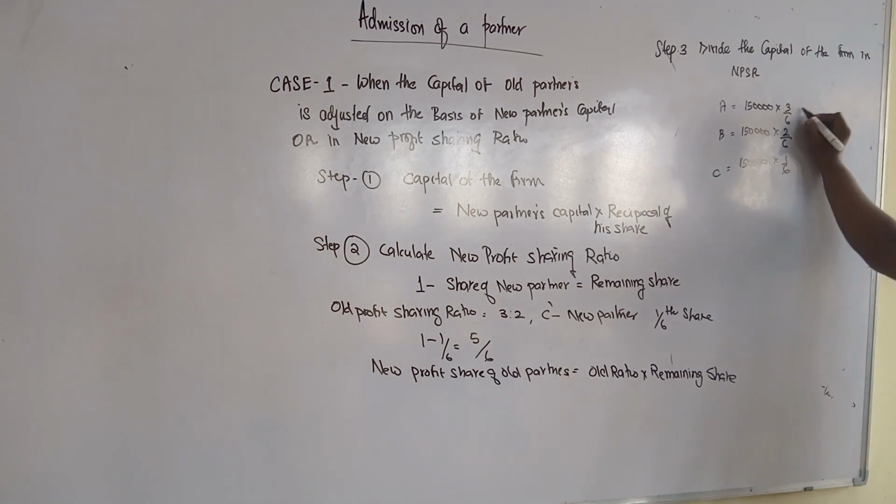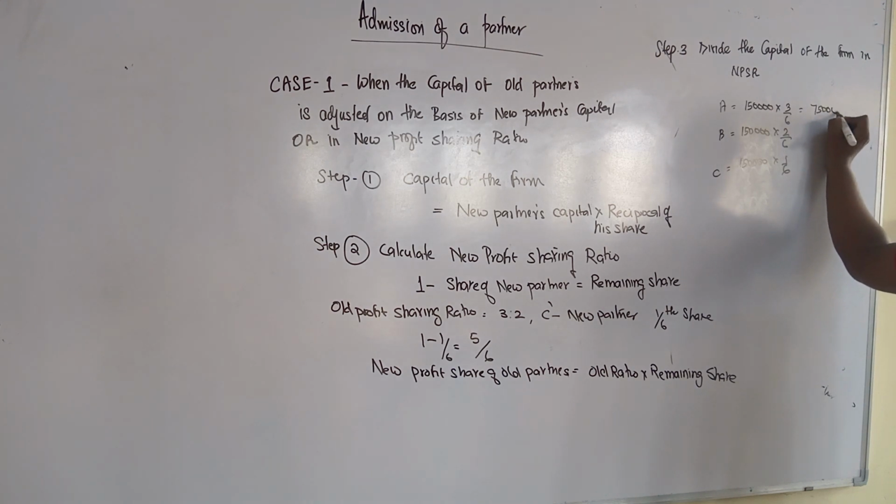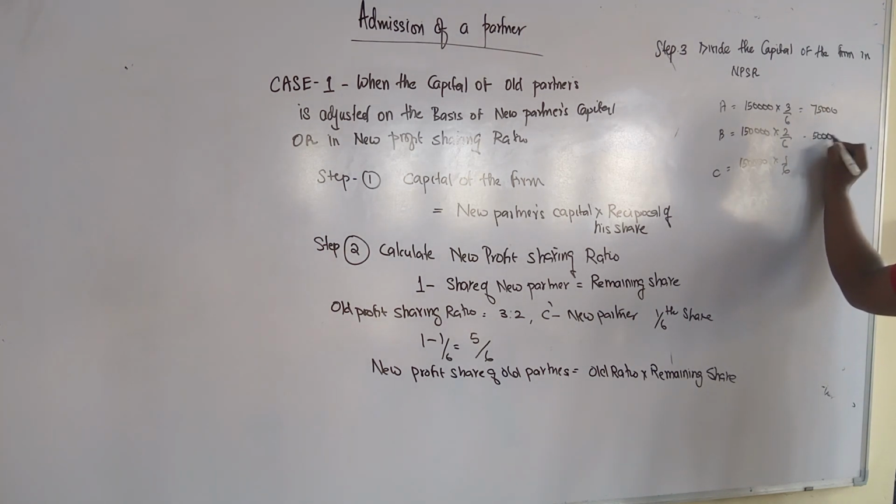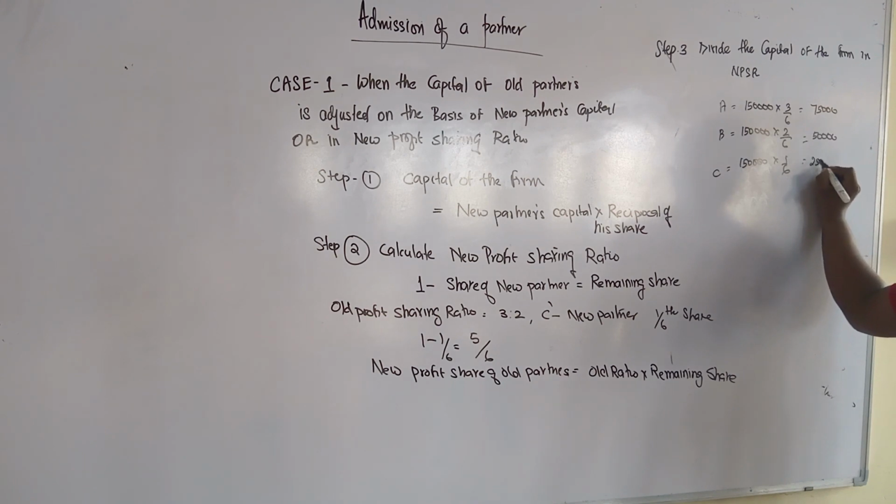This would be the new capital. That means 75,000, 50,000, and 25,000.